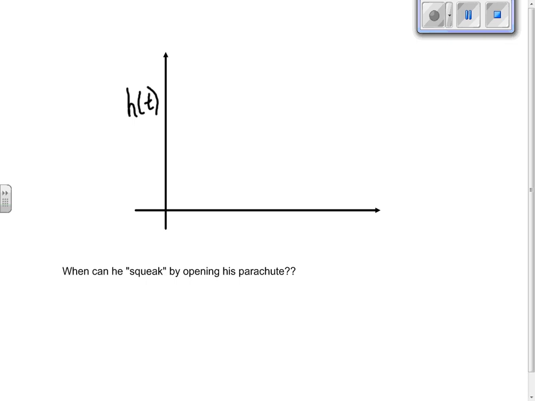So if we were to model Joe's path, he would be accelerating towards the Earth, and then he would open his parachute and gently come towards the Earth. I mean, too fast for my liking, but nevertheless, life-saving principle. So we want to know where that is in terms of time.